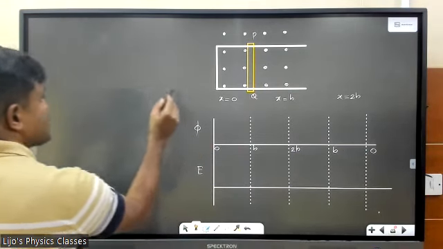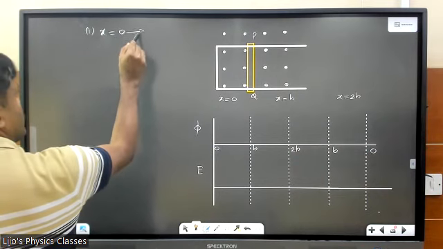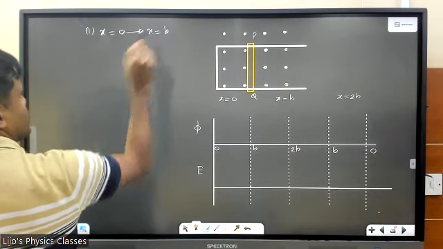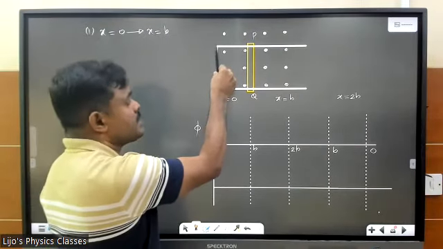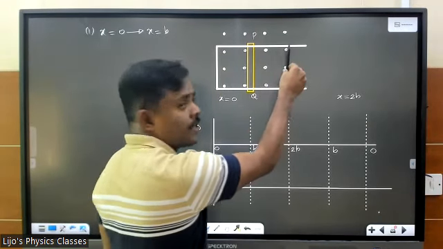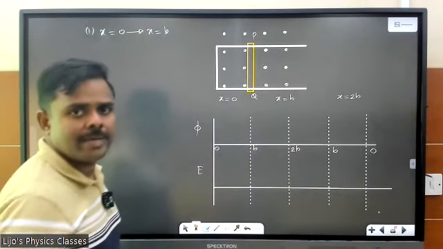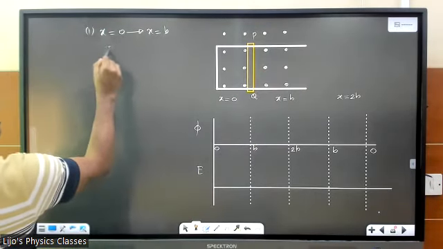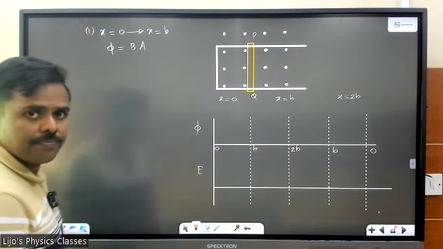Looking at the first segment, case 1 is x equal to 0 to x equal to b. This means the conductor is sliding on the rail until it reaches the end of the magnetic field, so this movement is inside the magnetic field. The expression for flux is B into area.